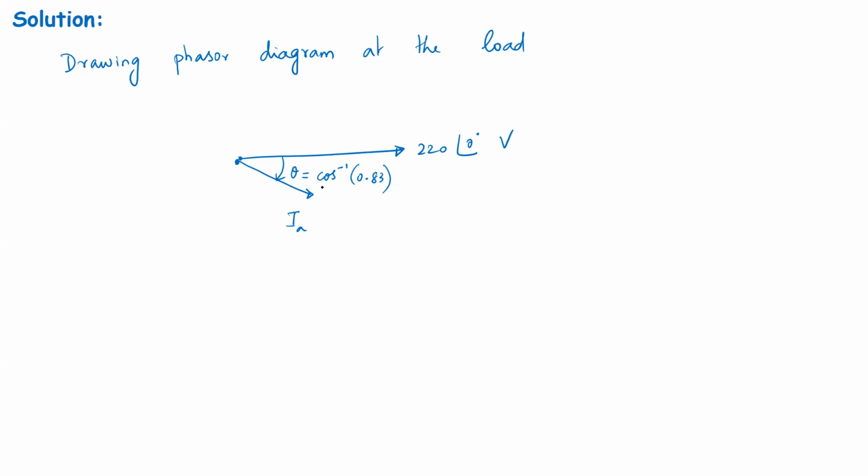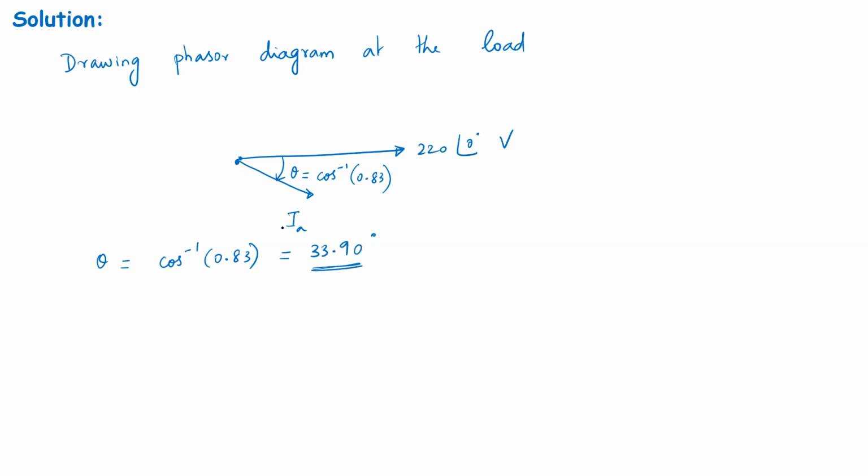Now, what is cos inverse of 0.83? So I am going to determine the angle theta. Theta is cos inverse of 0.83, which is 33.90 degrees.